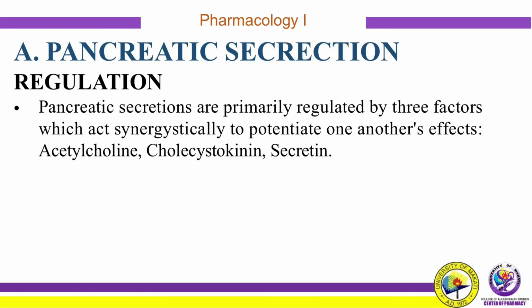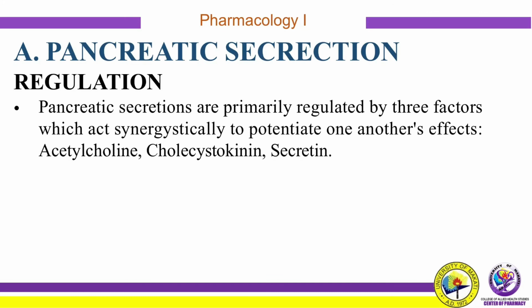First is acetylcholine, released by vagal efferents, which primarily stimulates synthesis of digestive enzymes by pancreatic acinar cells. Second, cholecystokinin is released by I cells in the duodenum and jejunum upon entry of food and primarily stimulates synthesis of digestive enzymes by pancreatic acinar cells.